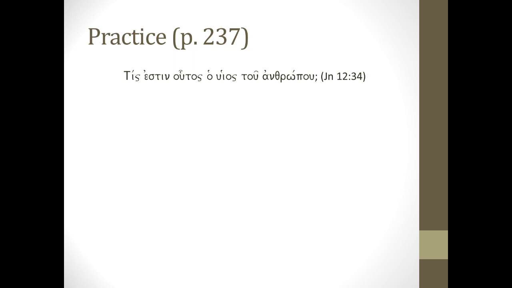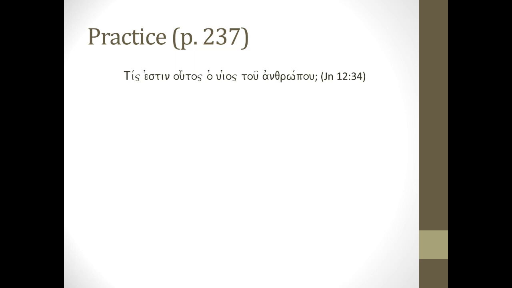Now the tis at the front tells me that this could be either an interrogative or an indefinite pronoun. And the fact that the accent mark is apparent there on that syllable could actually tell me, okay, this is an interrogative, that is, it's asking a question. But even more important than that, when I look at the end of my sentence, at the end of anthropou, I see, which of course in English is our semicolon, what's the equivalent of the Greek question mark.